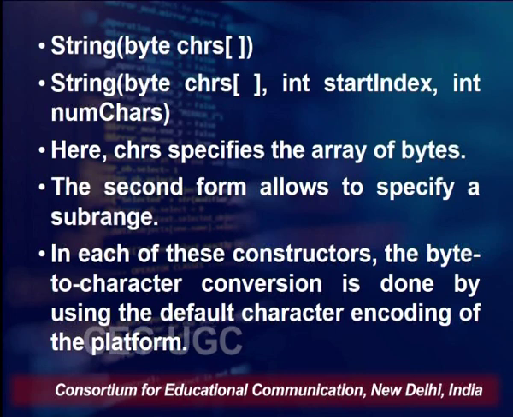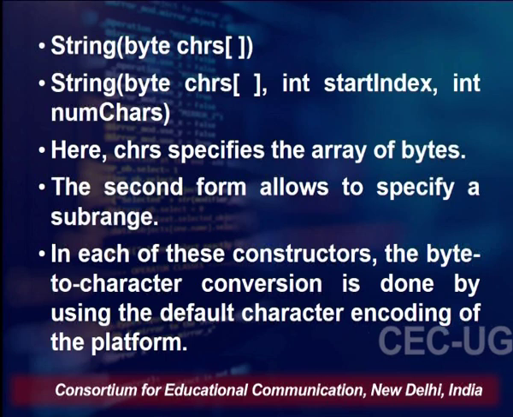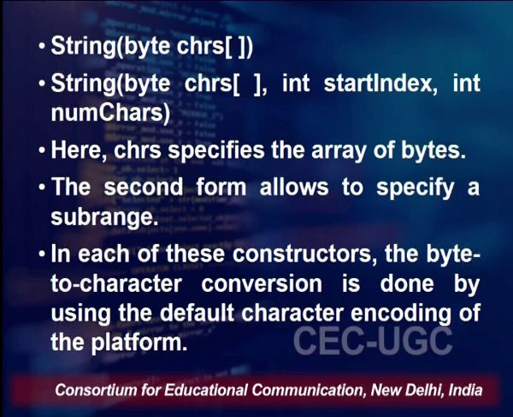The other parameters allow you to specify the starting index of the subrange and how many characters you have. One more constructor is the simple one, which does not deal with starting index and number of characters. That will take only one byte array.